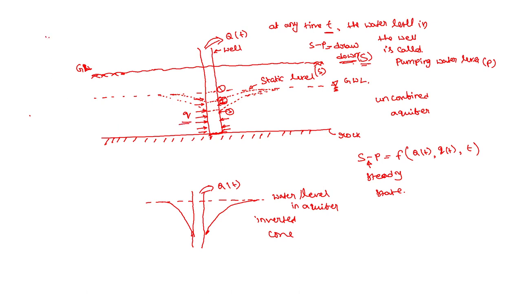But after a certain time t naught, the capital Qt approximately will be equal to the small qt. Nothing but whatever amount of water you are pumping from the well will be nearly equal to the water supplied by the aquifer to the well in a radial direction.